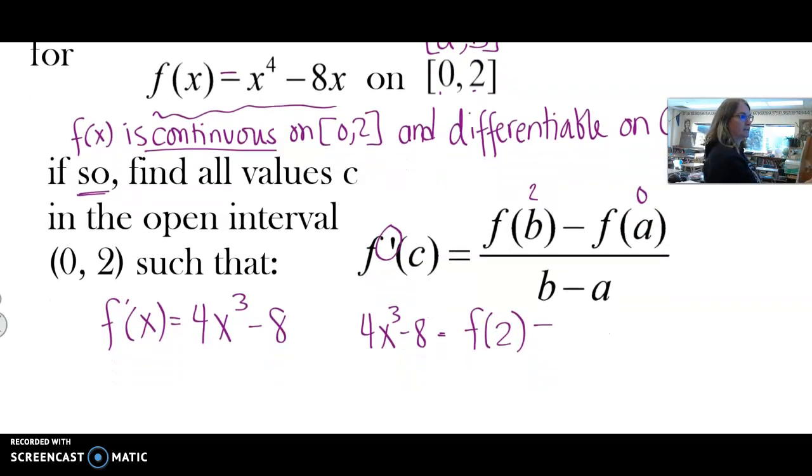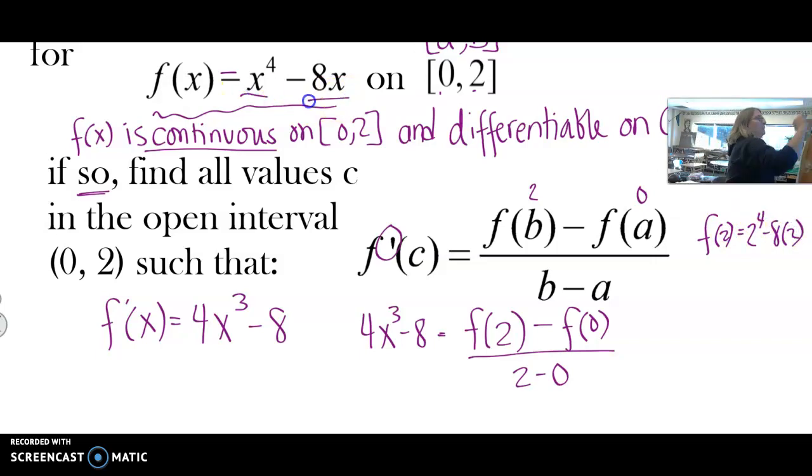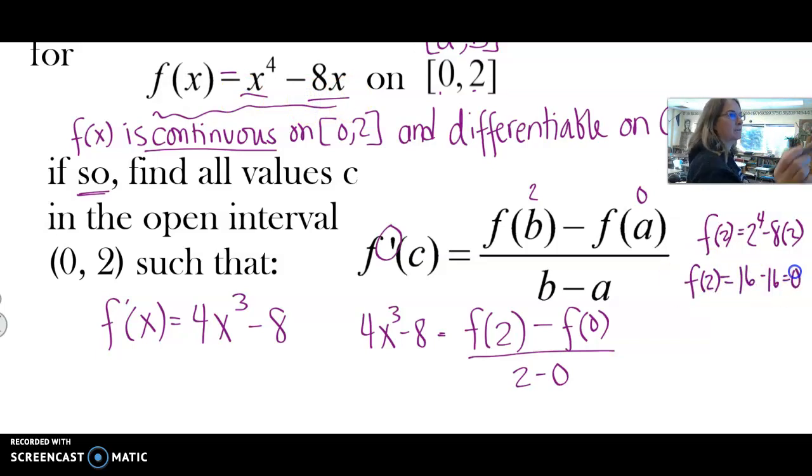Same thing in the denominator, so we're going to find f of 2 minus f of 0 over 2 minus 0. So let's find f of 2. We have 2 to the 4th minus 8 times 2. I'm just plugging in 2 here. And so f of 2, we get 16 minus 16, which is 0.